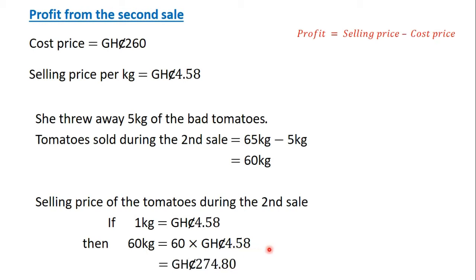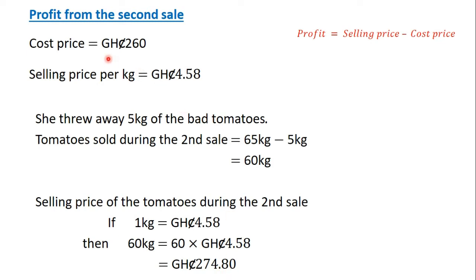And this will give us 274 Ghana cedis 80 pesos. It means that the selling price for those 60 kilograms of tomatoes is 60 kilograms times 4 Ghana cedis 58 pesos, which gives us 274 Ghana cedis 80 pesos.